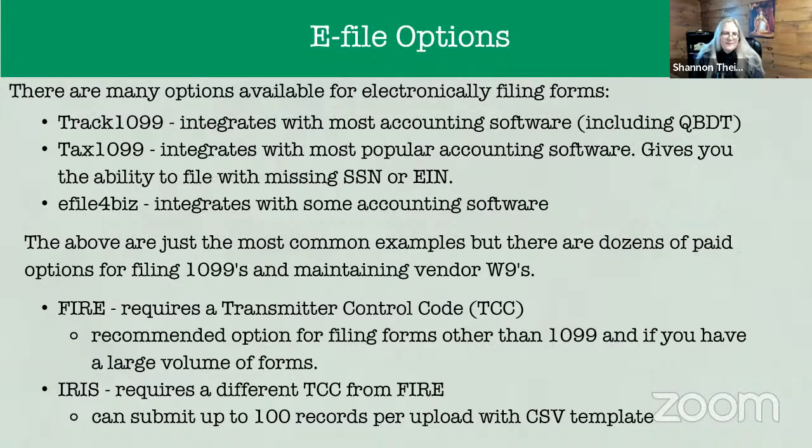I use both Track1099 and Tax1099 for different aspects of our business. With Tax1099, I can e-file corrected W-2s without having first filed the original W-2s with that software. It's the only software that I have found that allows you to do that. But Track1099 definitely has a better interface.